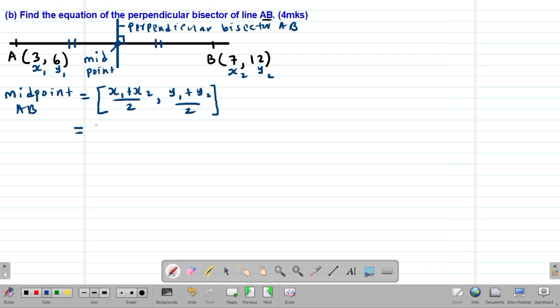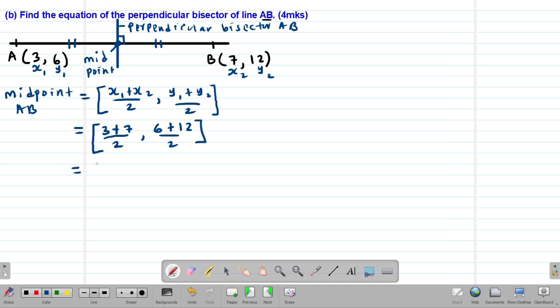Therefore, the midpoint will be given by my x1 is positive 3, plus x2 is positive 7, divided by 2, comma, my y1 is positive 6, plus my y2 is positive 12, of course divided by 2.